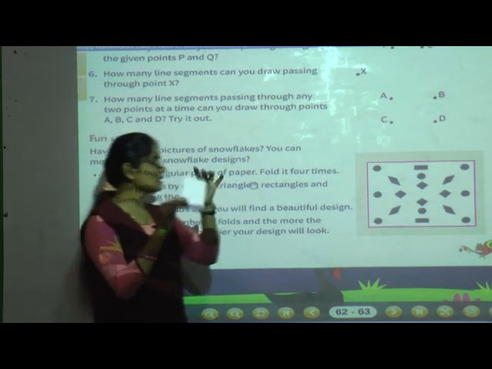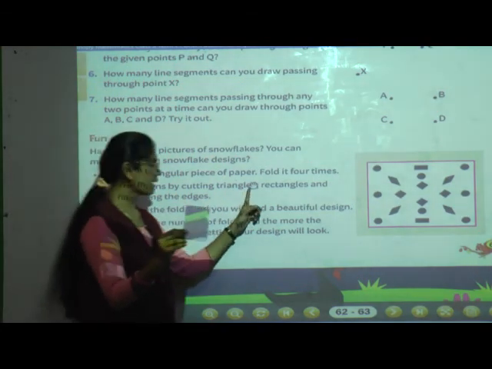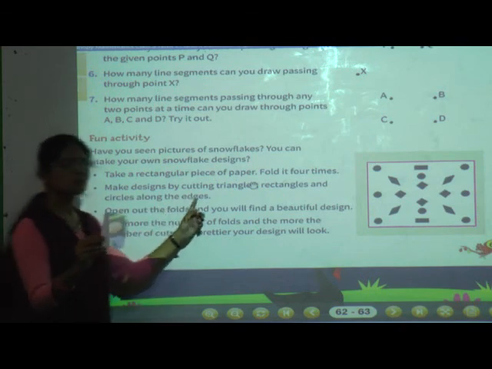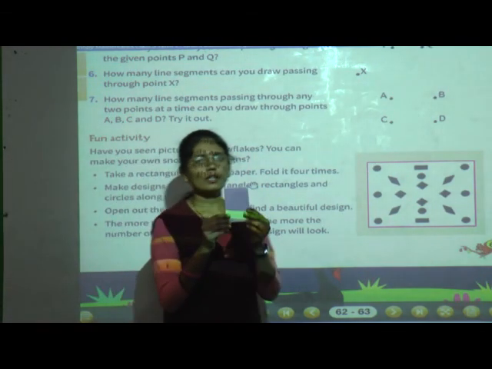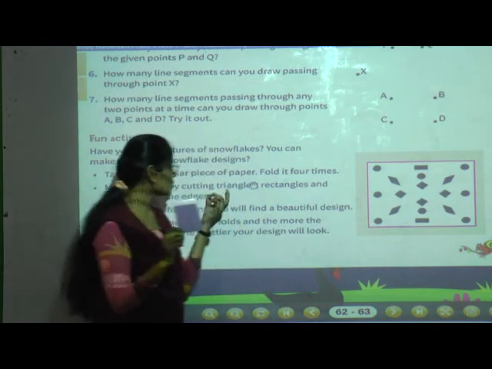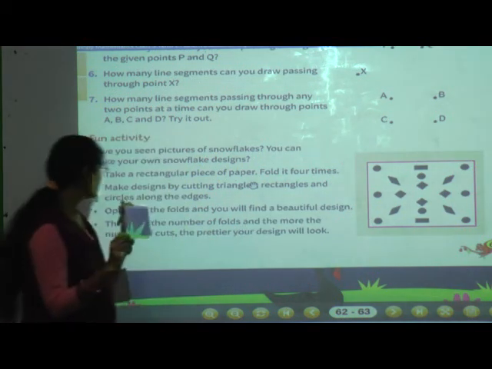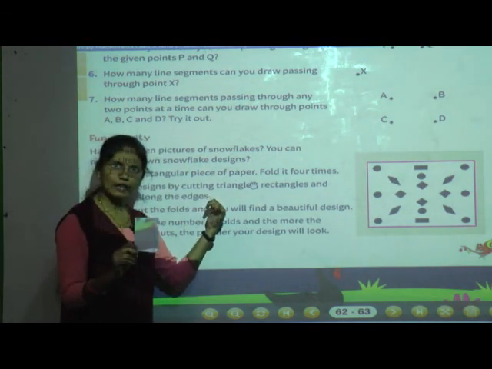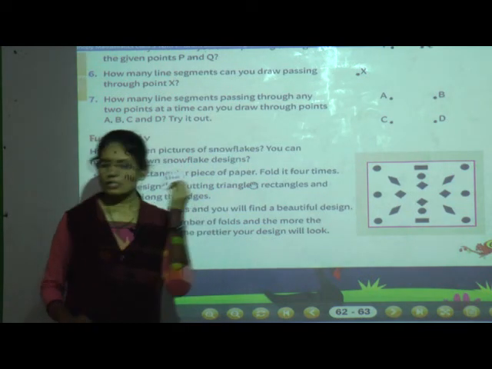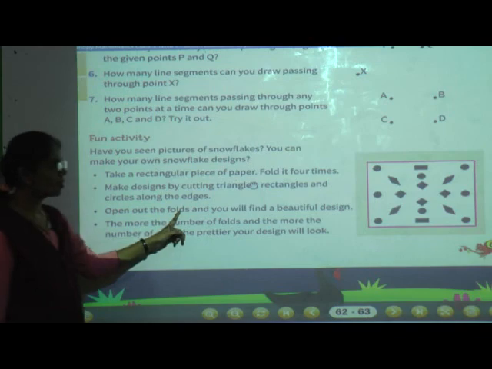And then what is the next step? Make a design by cutting triangles, rectangles and circles along the edges. You have to cut this paper into different shapes along the edges. Then open out the folds.